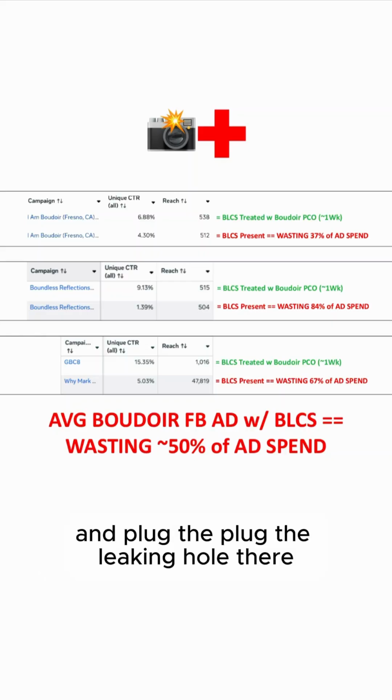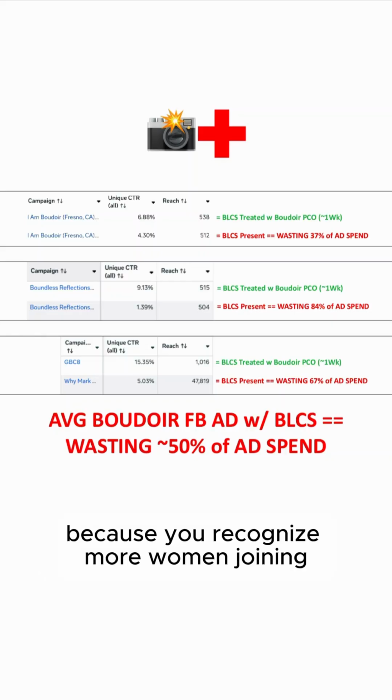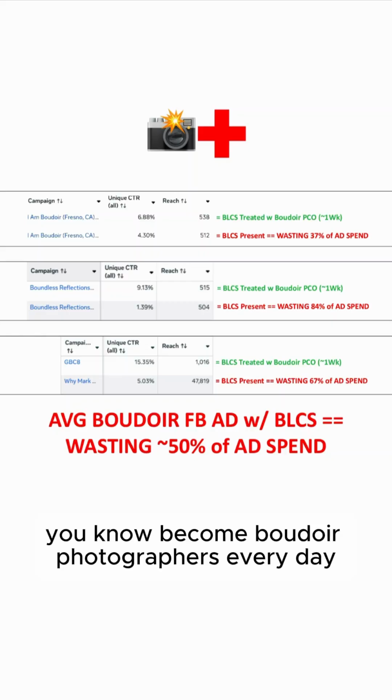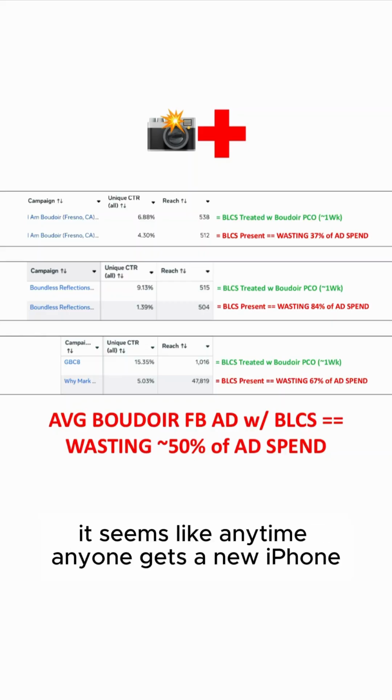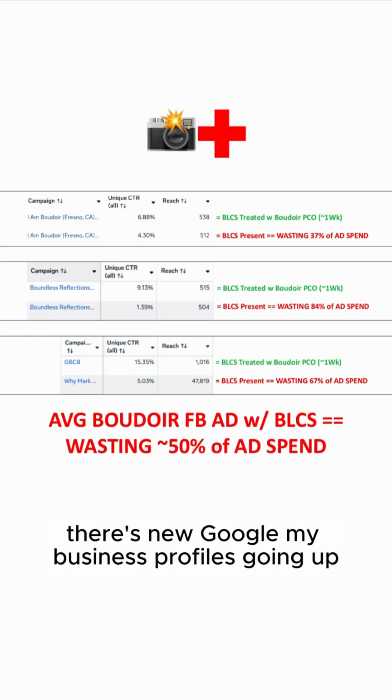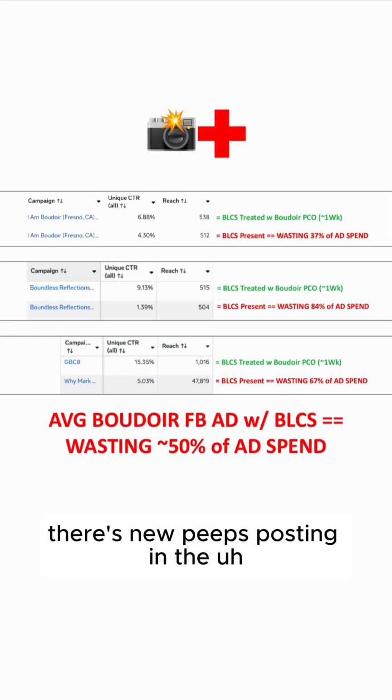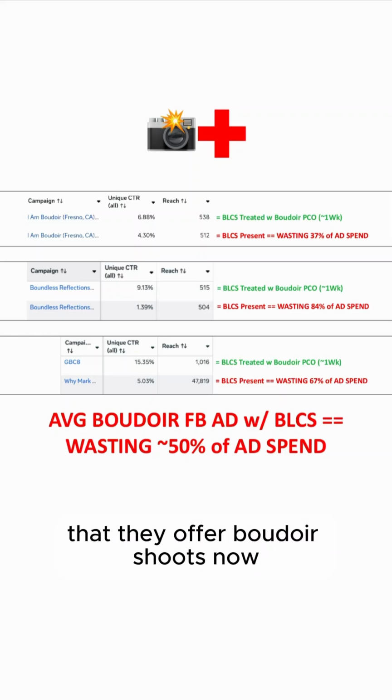Kind of plug the leaking hole there, because you recognize more women are becoming boudoir photographers every day. It seems like anytime anyone gets a new iPhone, there's new Google My Business profiles going up, or anytime anyone gets a new camera, there's new people posting in the mom groups that they offer boudoir shoots now.